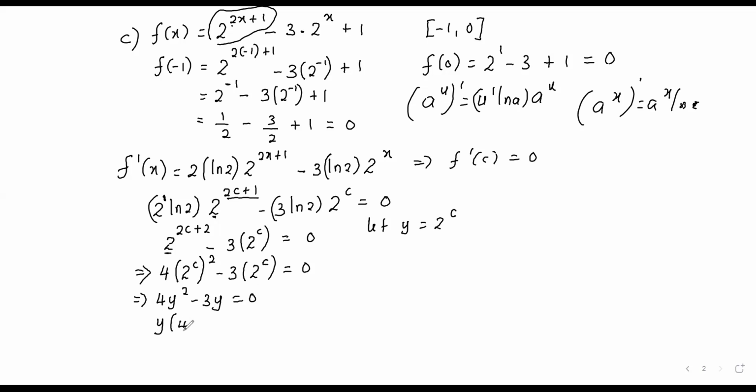Factor out y, we have this equal to 0. So y is 0, or y is 3 over 4. But what is y? Y is 2 to the power c, which is equal to 0. Not possible.